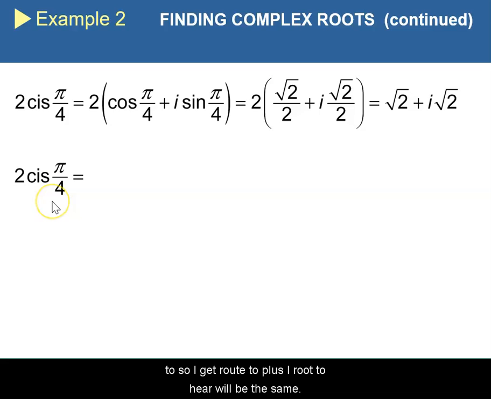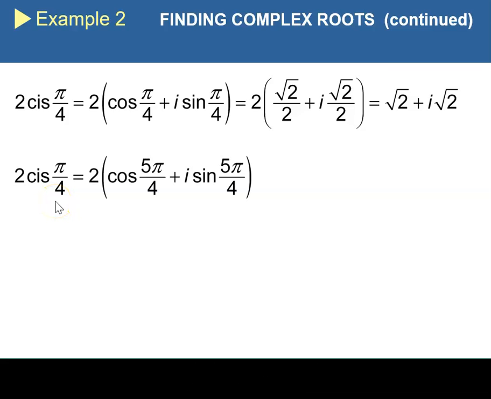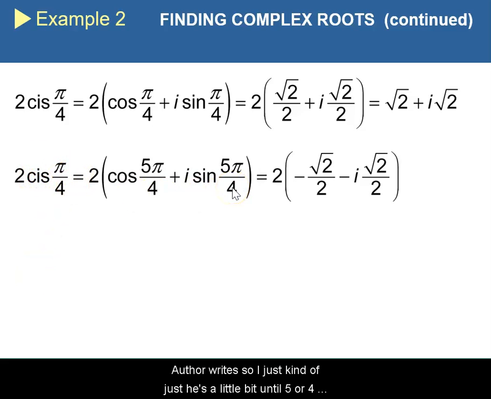Here will be the same thing. This should say 5 pi over 4. I didn't make these PowerPoints, so this is an error on the PowerPoint given to me by the author, so I just adjust these a little bit.